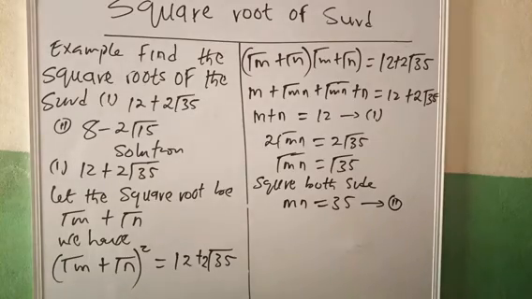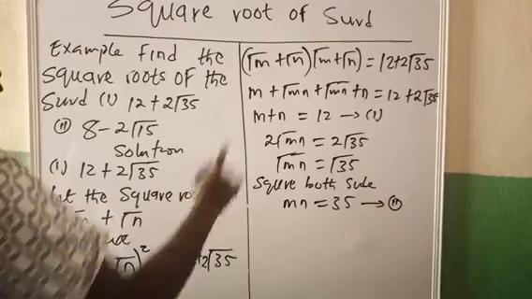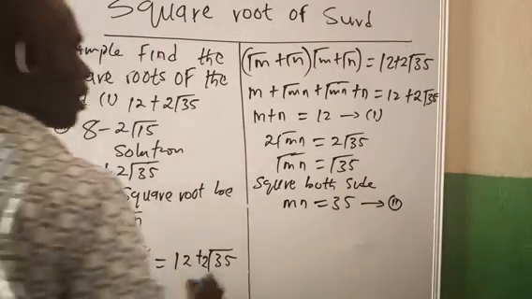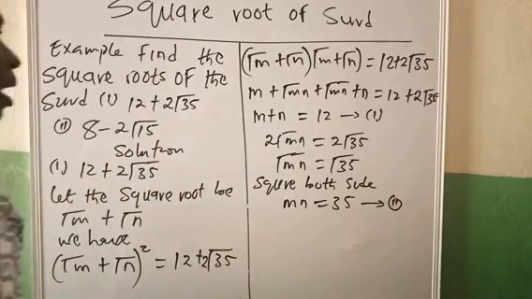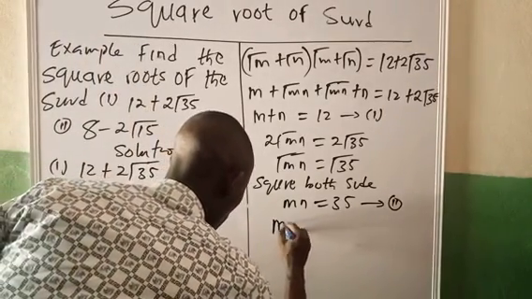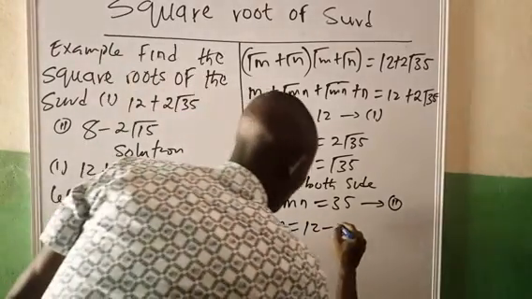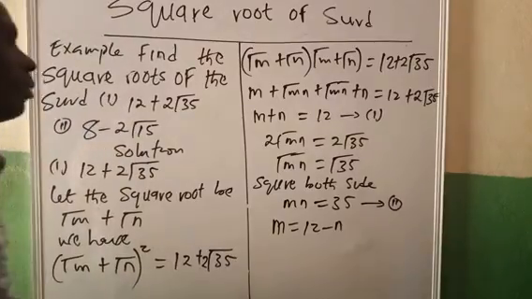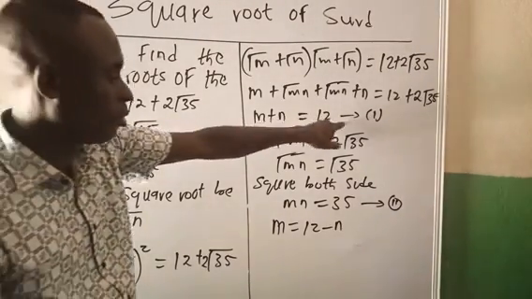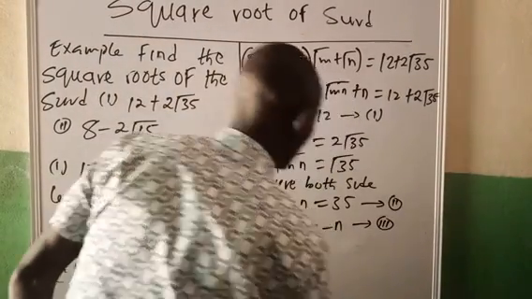So if I break down the other equation, m plus n is equal to 12, I can form another equation such as m is equal to 12 minus n. If I bring n to this side, this forms equation 3.